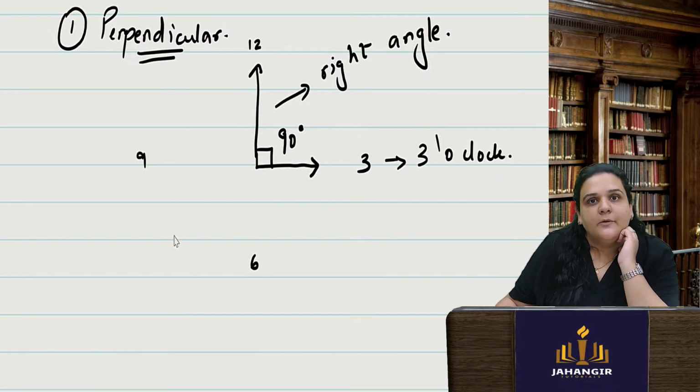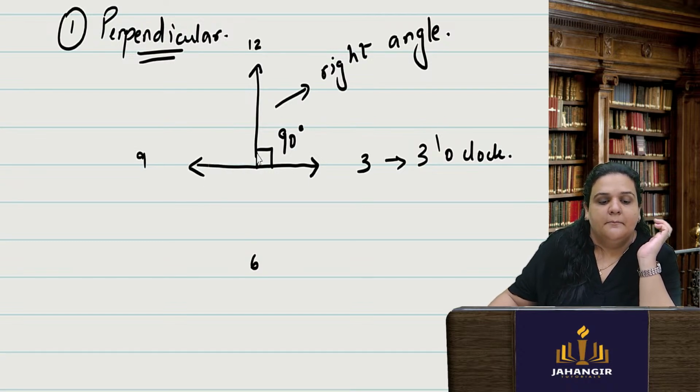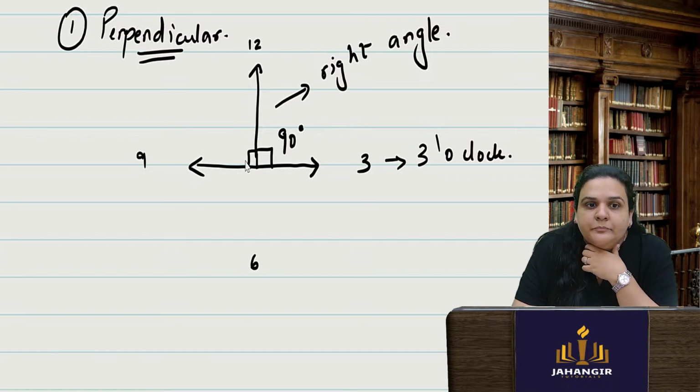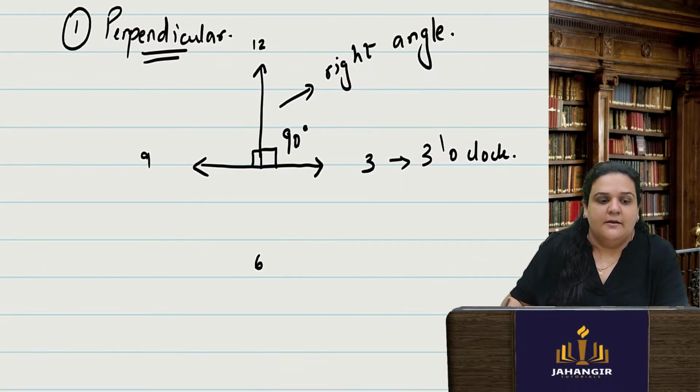So perpendicular over here. It can also be perpendicular like this. Perpendicular here also. So understand, perpendicular is when they make a 90 degree angle.